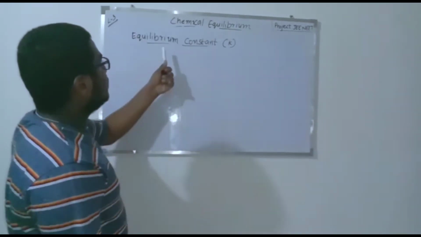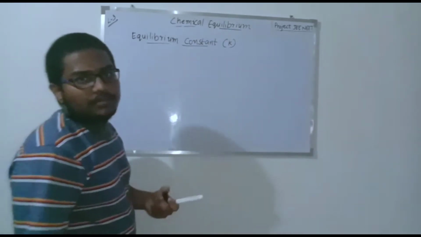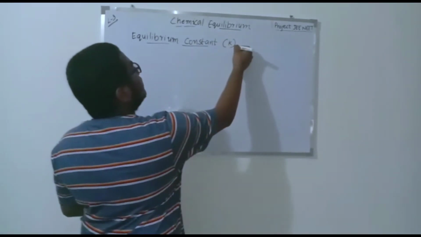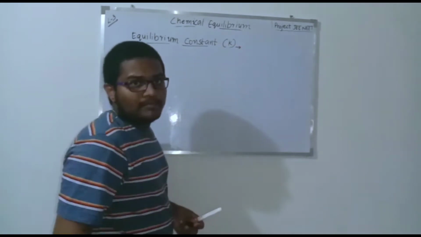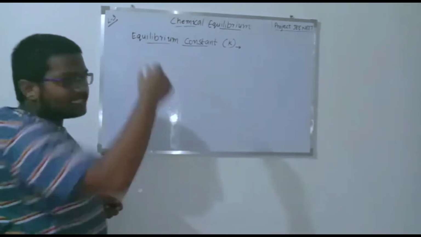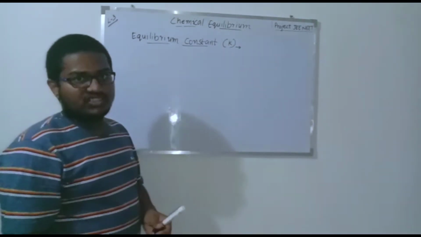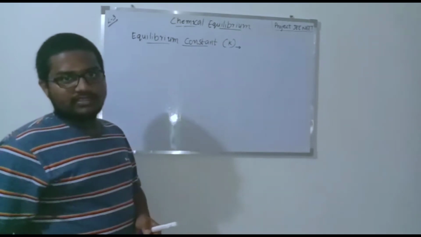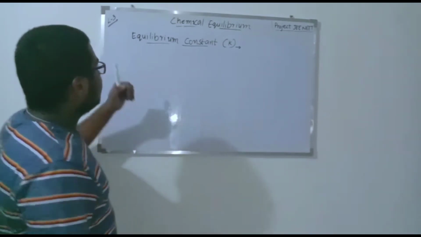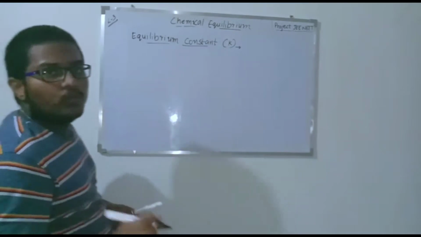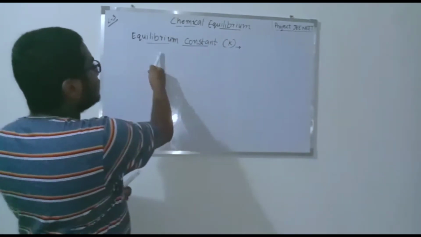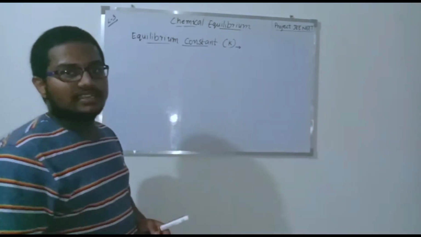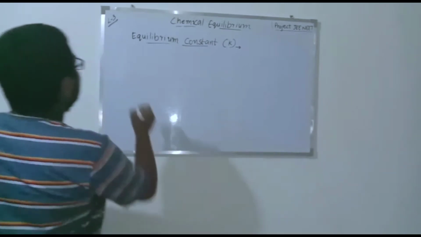So now let's go into the equilibrium constant concept. Here it is denoted by K. It can be expressed in terms of concentrations, in terms of pressures, and in many ways. But first of all we should learn about the equilibrium constant expressed in concentrations. So let's get into the topic.